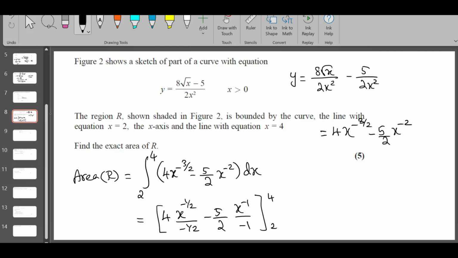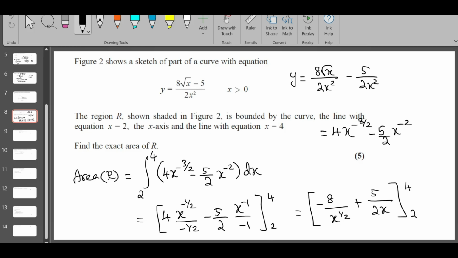When you tidy this up, 4 over minus half is minus 8. So it's minus 8 x to the power positive half. This becomes 5 over 2x to the power positive 1, from 2 to 4.